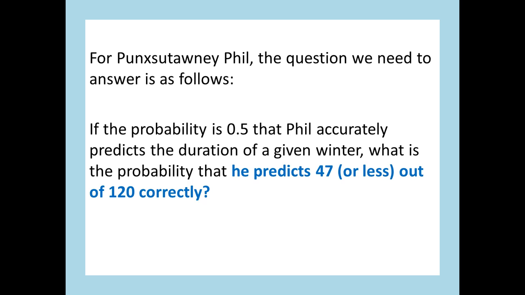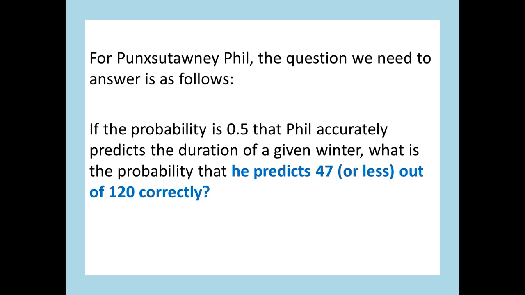Under that assumption, what's the probability that out of 120 winners, he predicts 47 or less correctly? Since 47 out of 120 was our sample proportion, we want to figure out the chance that he's accurate that often or less.